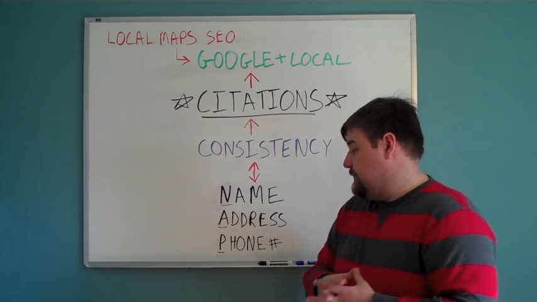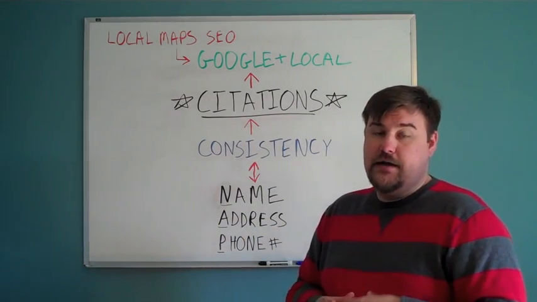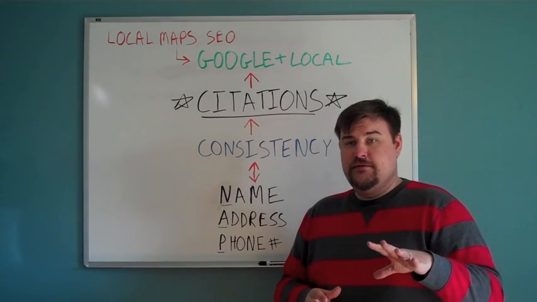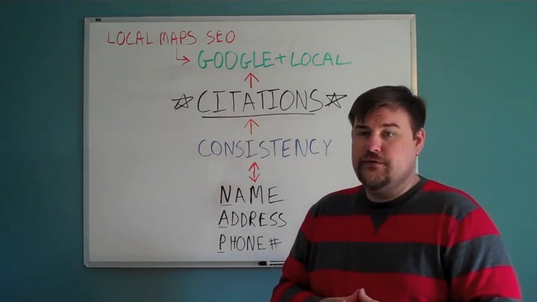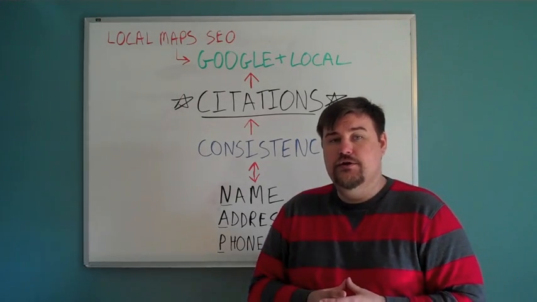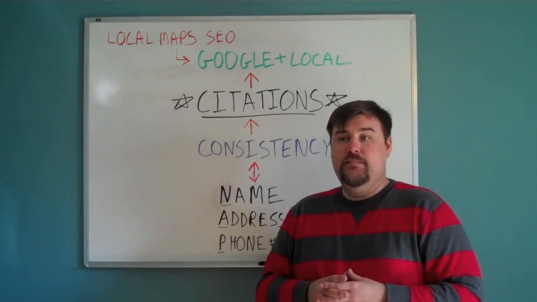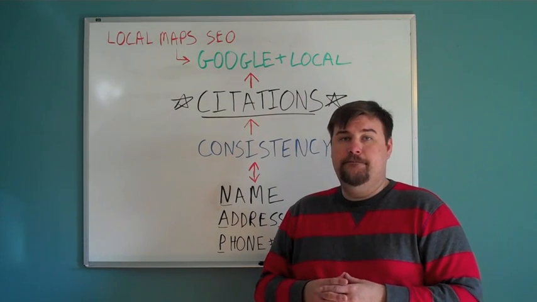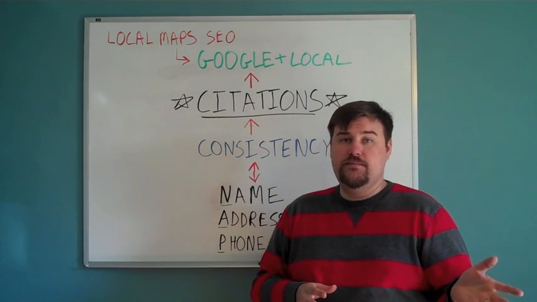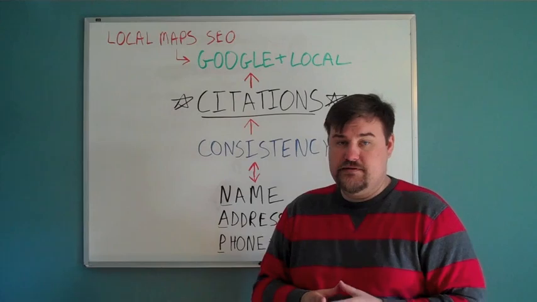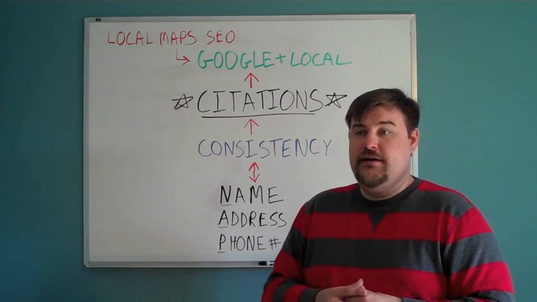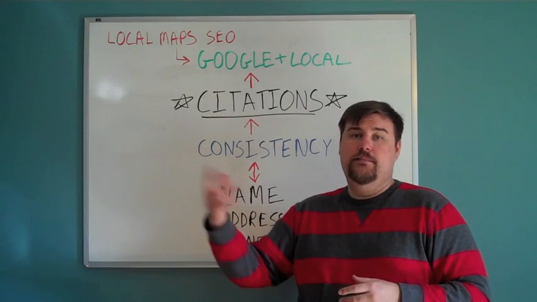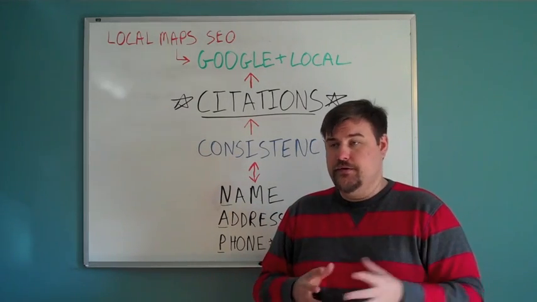And again, the same thing applies for your address and your phone number. That might seem, again, like a no-brainer, but there's some instances where you may be in a shared building where you have a suite number, and when you list on one particular citation website versus another, you may say suite in one and number 100 in the other.